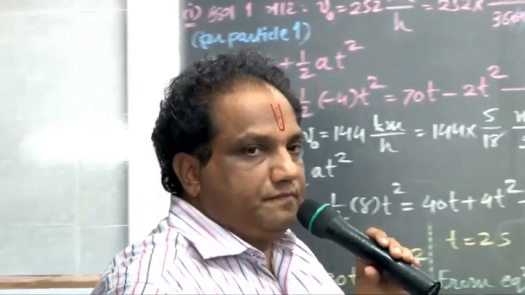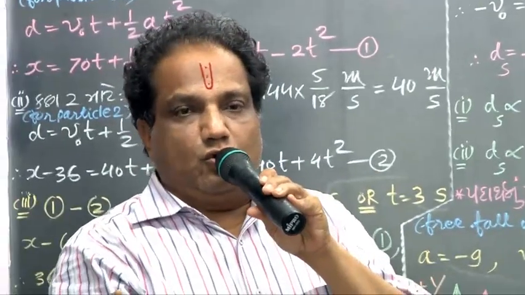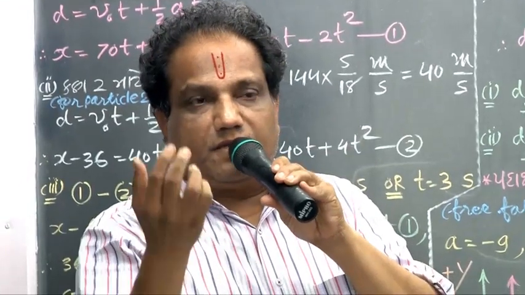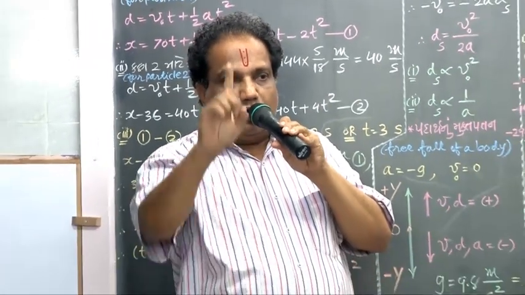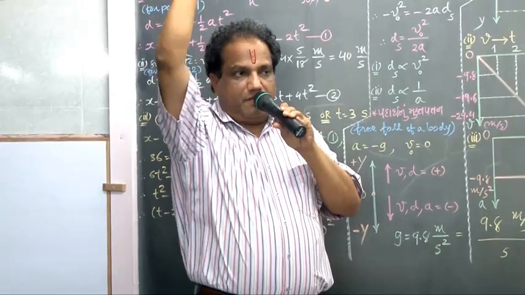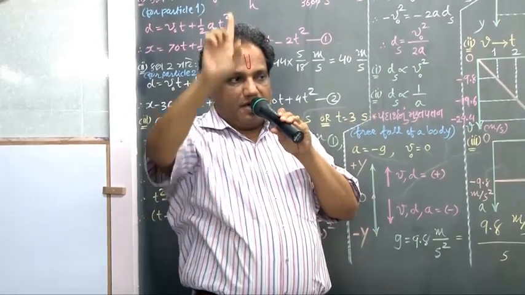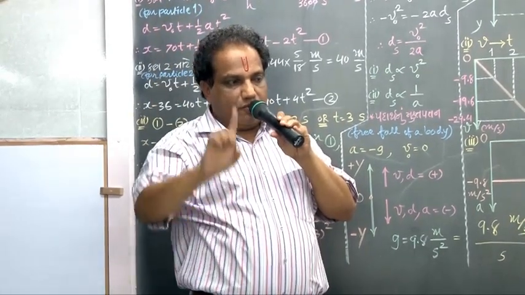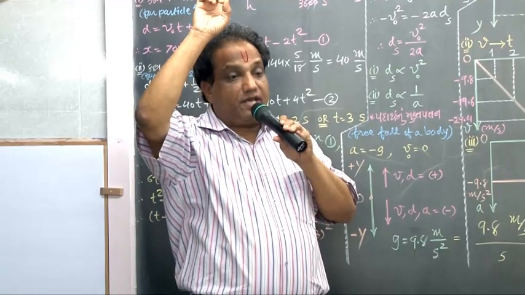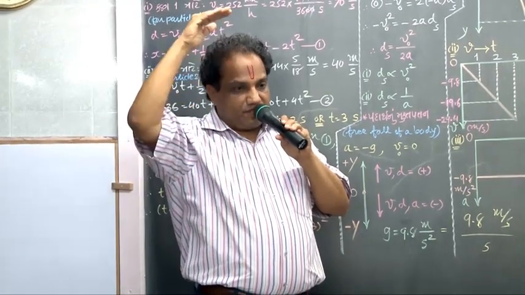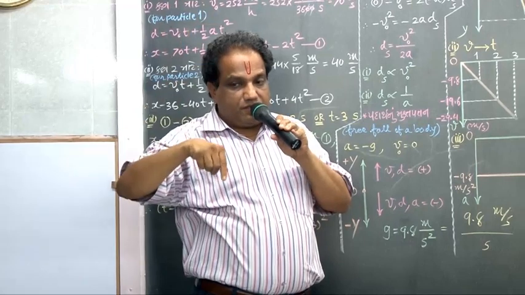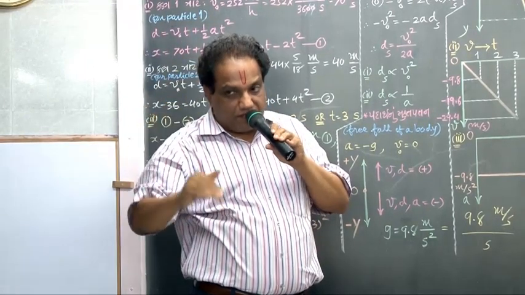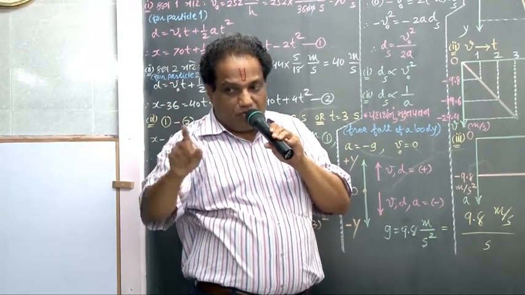Stop writing now. Ball is thrown, look here, this way. Correct? Going and coming back. Going means ascending, because height is increasing. Coming down means descending, because height is decreasing. You are given total time.